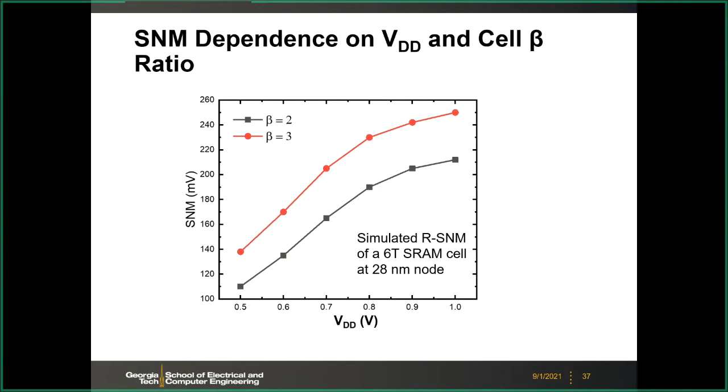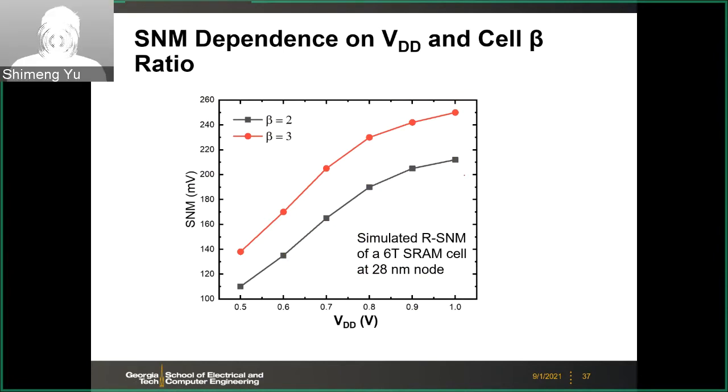As you can see, as we decrease the power supply from 1 volt to 0.5 volts, your static noise margin decreases. At 0.5 volts, we only have like 100 or 140 millivolts of noise margin. This is the nominal case, that means without any process variation. But if you think of process variation, this is very small already.